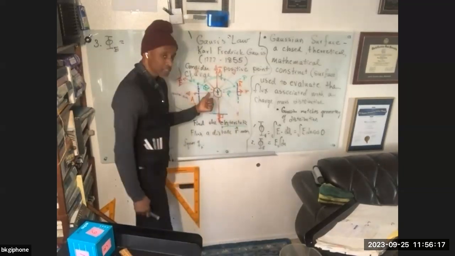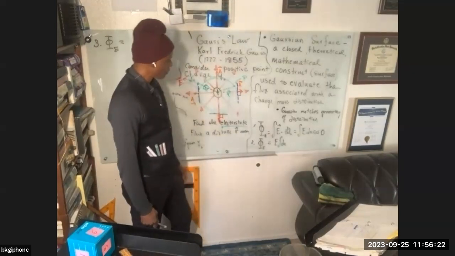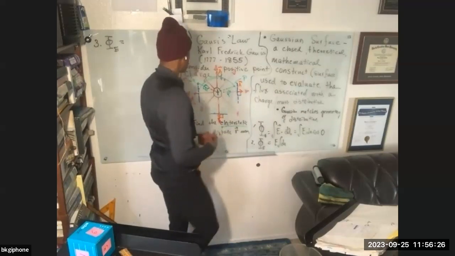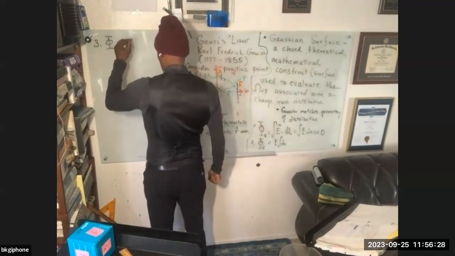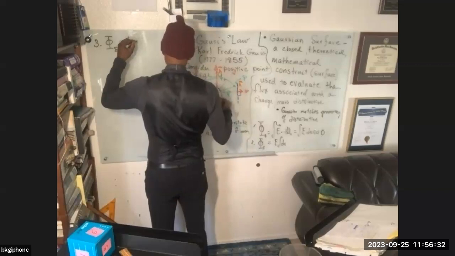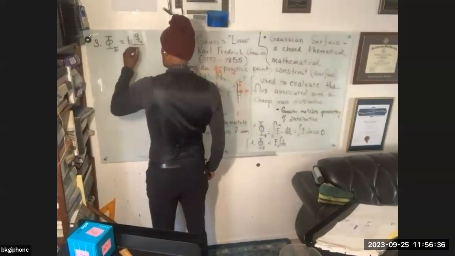We know what E looks like. We did that all last week and the week before. That's a point charge. So E is KQ over r squared. K, the Coulomb constant, Q, the value of the charge, that's Q plus, over r squared.